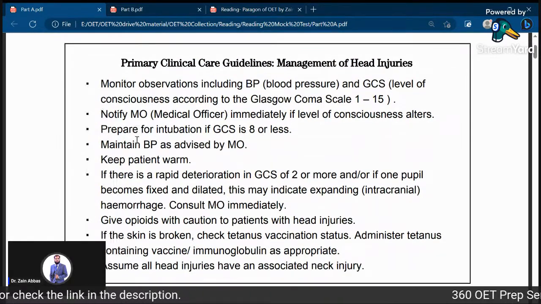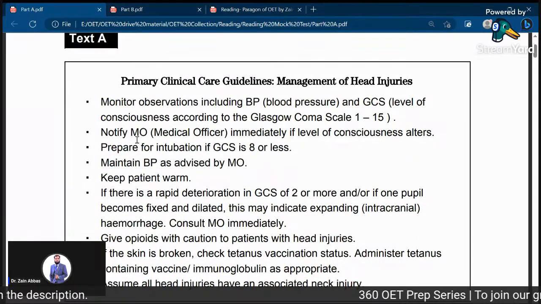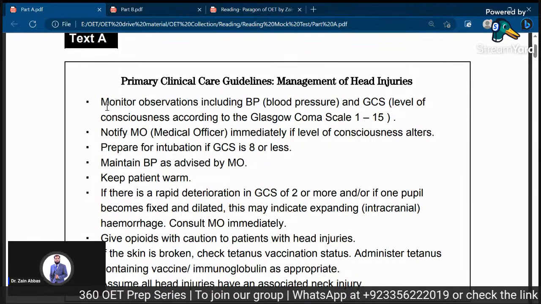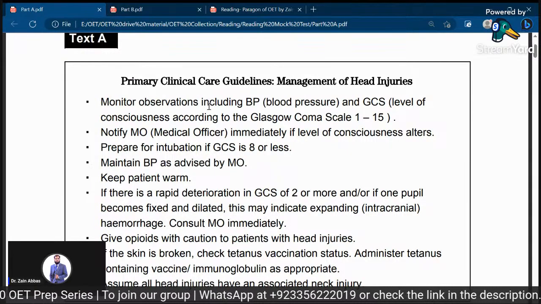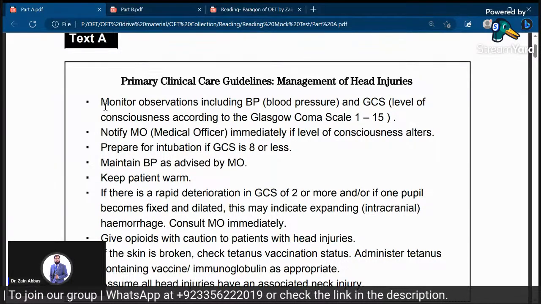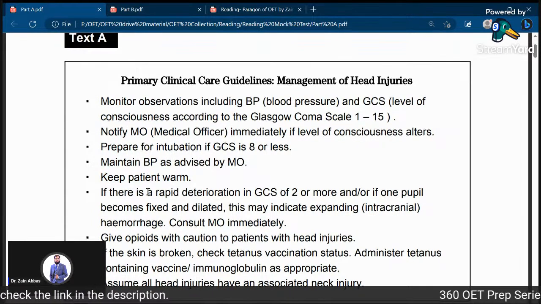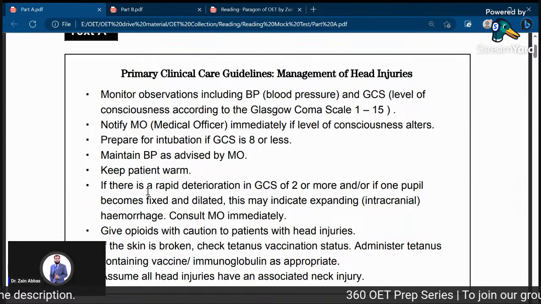First, you have the idea that these are management points, and there are different methods or steps mentioned here that are used for the management of head injuries, like monitoring, observations, notification, preparation, patient warming, and all that stuff.